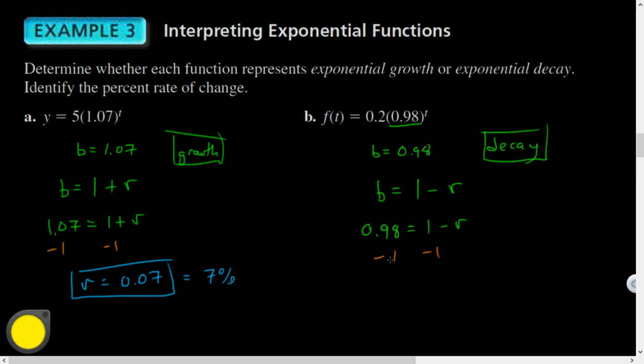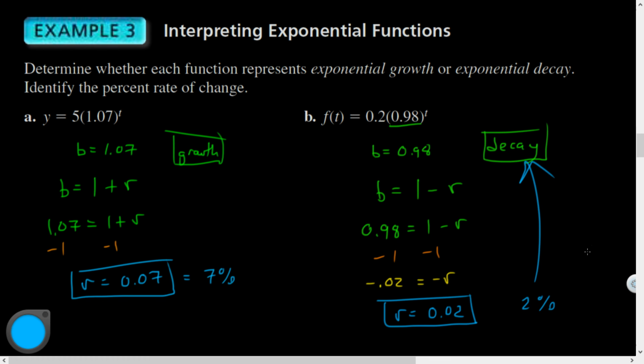The signs are different, so I'll just subtract them. 1 minus 0.98 is 0.02, and I'd take the sign of the more influential. And so the opposite of r, or negative r, is negative 0.02, which means if I flip those signs, r is going to equal 0.02, or this is a 2%, and because it's decay, that's a 2% decrease.